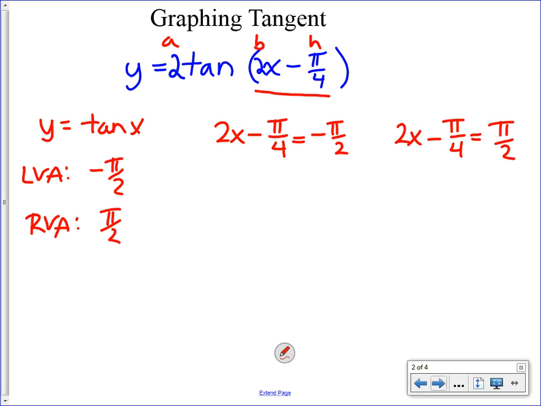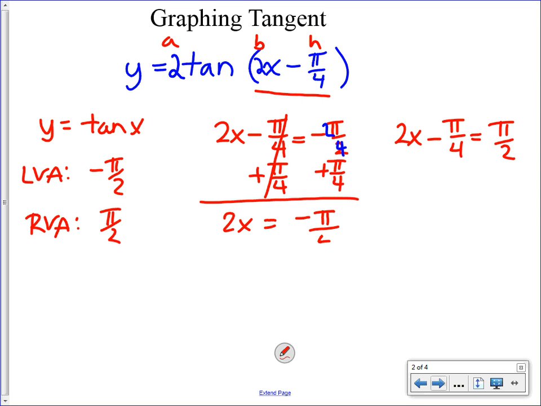In the first one, I would start by adding pi over 4. Bring it down. Now we're adding fractions, so we're going to need a common denominator. So I would convert that negative pi over 2 to negative 2 pi over 4. Then we'll add our numerators, so negative 2 pi plus 1 pi is negative 1 pi over 4.